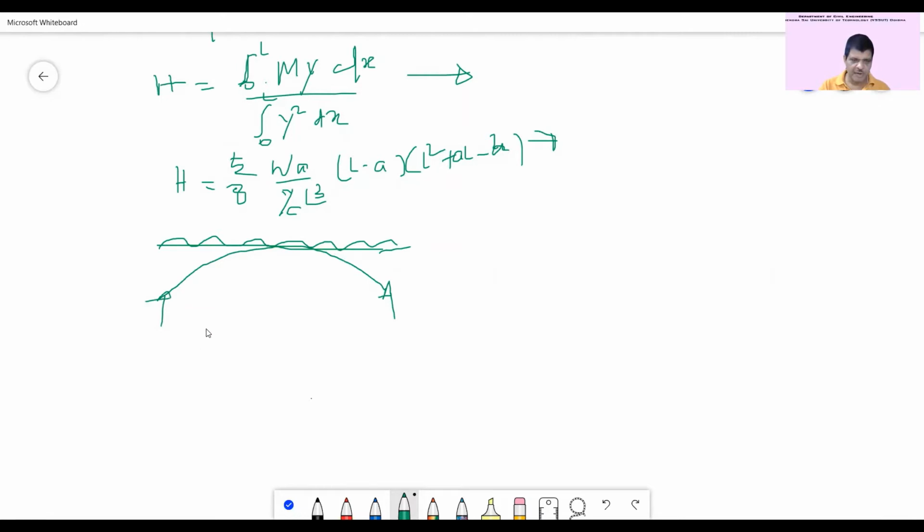We have found out that H is equal to W L square by 8 yc. So this we have found out for the parabolic arch with UDL. If it is W per meter length, we can find out the value.